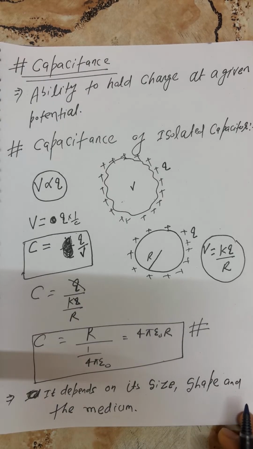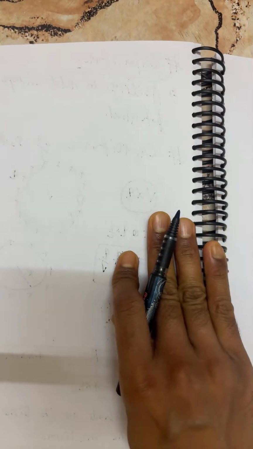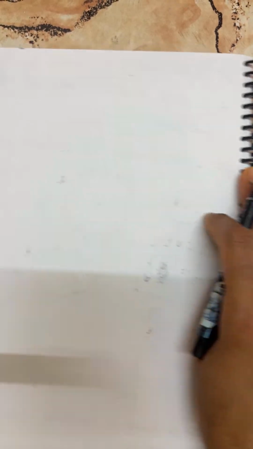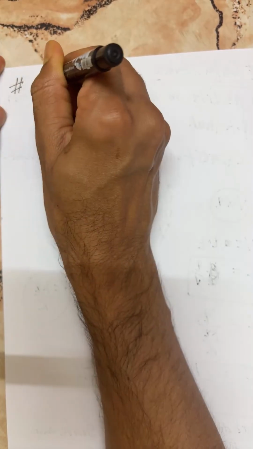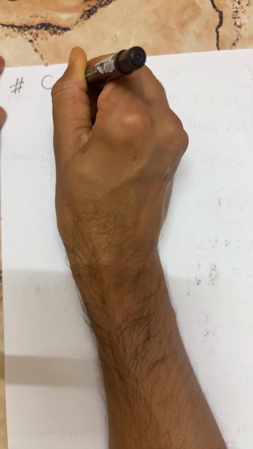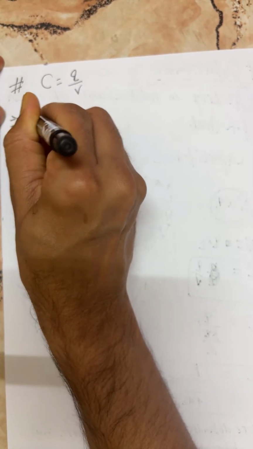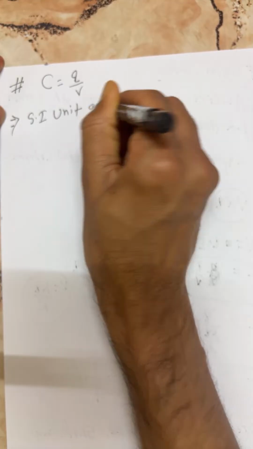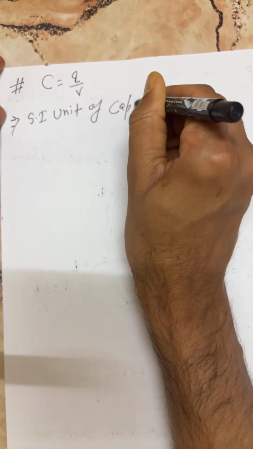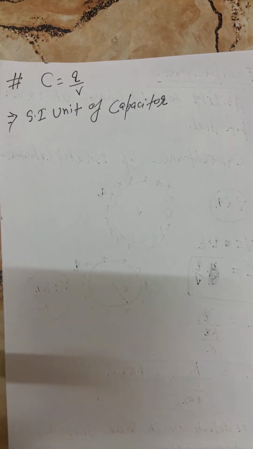Okay, now bacha party, have a look at the next basic point. First, I'll cover the actual definition of capacitance. Tell me everyone, C equals Q by V. What is the SI unit of capacitance?